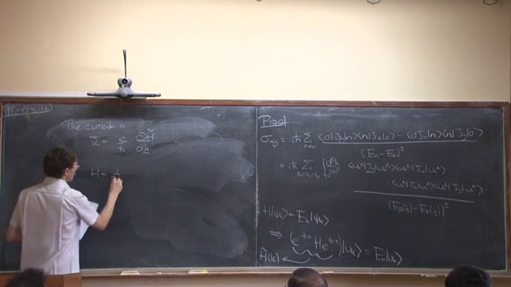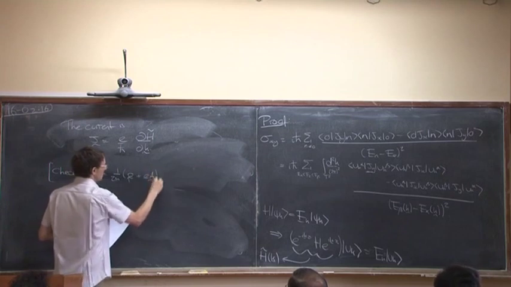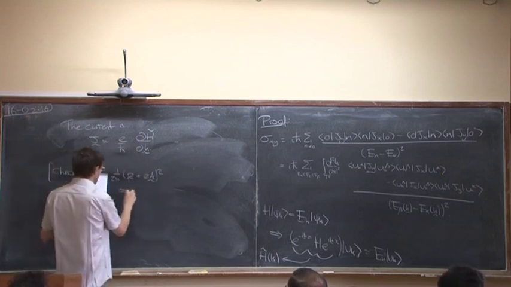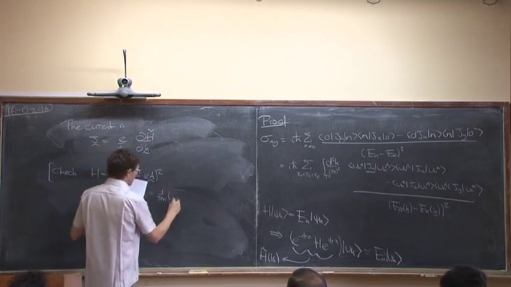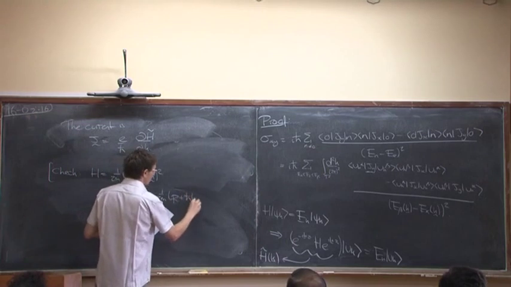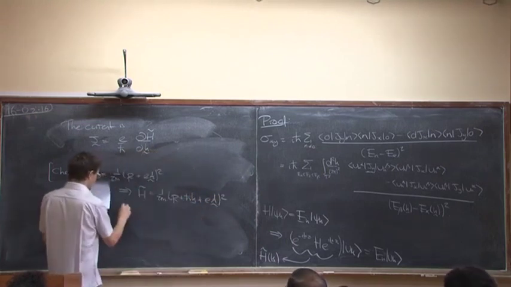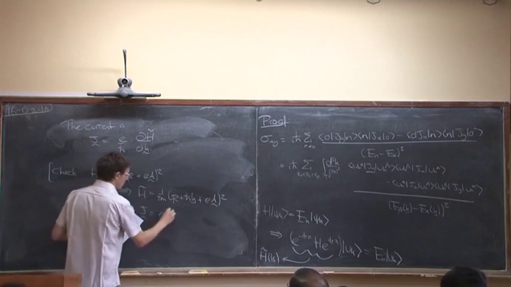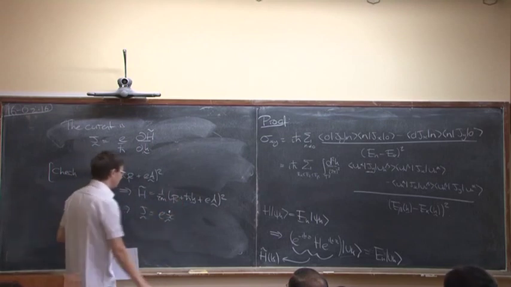Suppose that what we have is a Hamiltonian, not for a particle on a lattice, but just a free particle. This should be true regardless of whether the particle is on a lattice or not. H equals (p plus h bar k plus eA) squared over 2m, which means that J is e times x dot, where x dot is p over m.